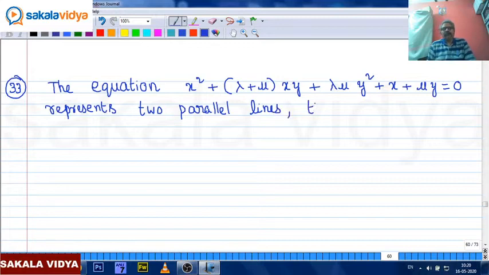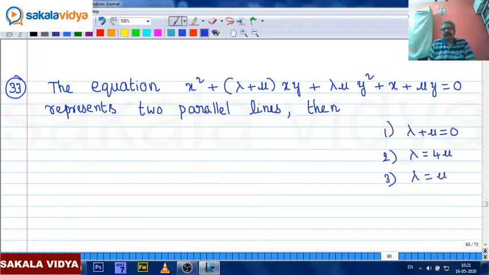Then, first option, lambda plus mu equals 0. Second option, lambda is equal to 4 mu. Third option, lambda is equal to mu. Fourth option, lambda is equal to 3 mu. This is the relation.